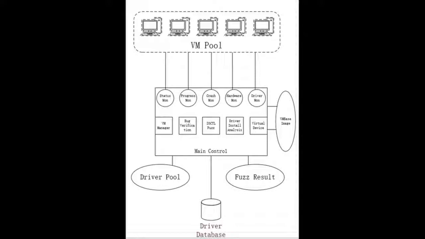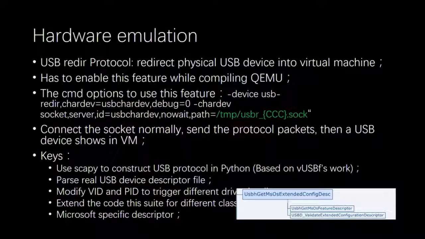And the main control system will do the work on the fuzzing, and after we get the result, it will write the result into the database and collect all the crash dumps into the fuzzing results directly.